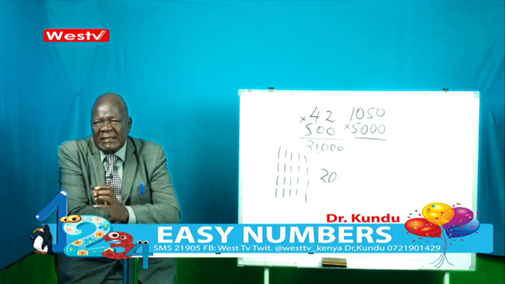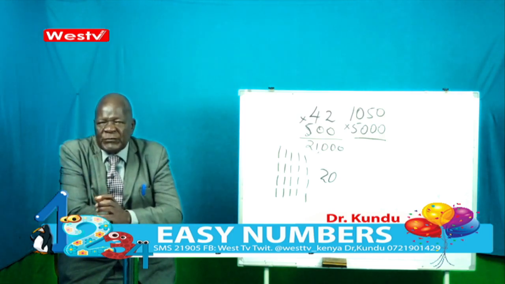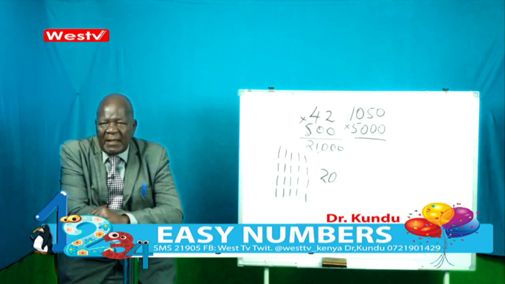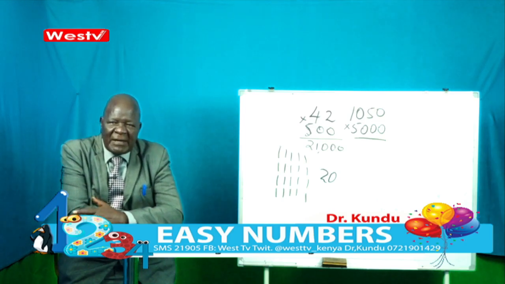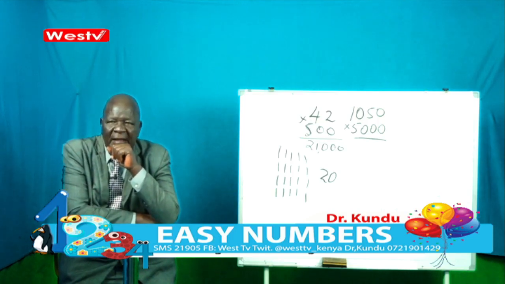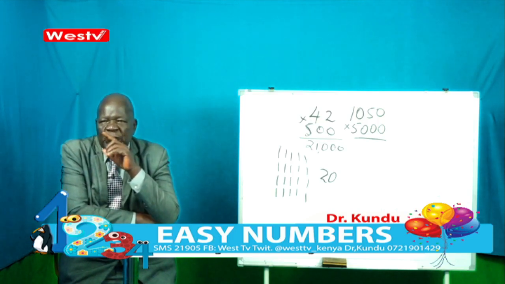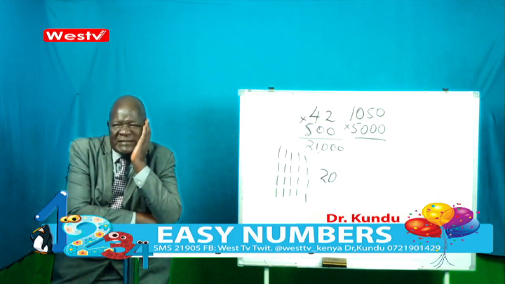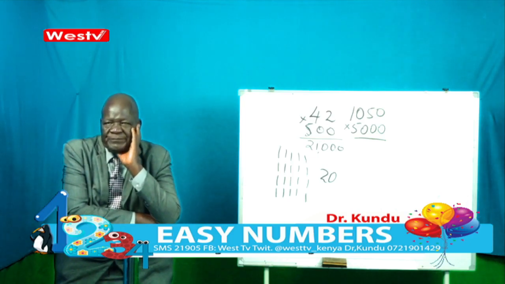How easy would it be for you to train a child on division by 2? That when you take half of a number, this is what you do. So that the child who knows short division by 2 will take 1050 and slash it into 2.